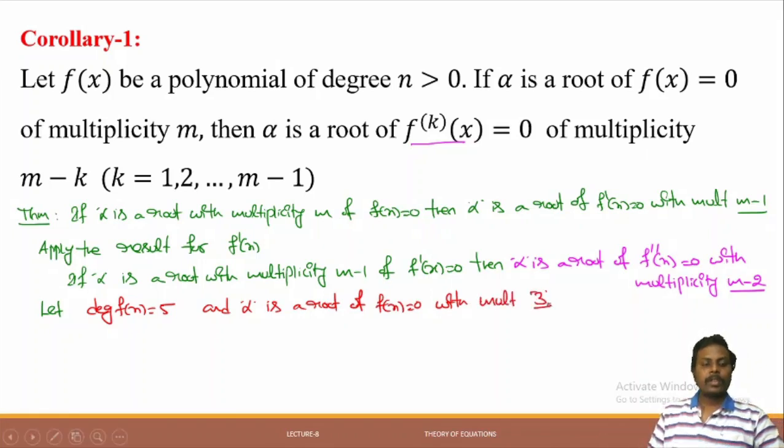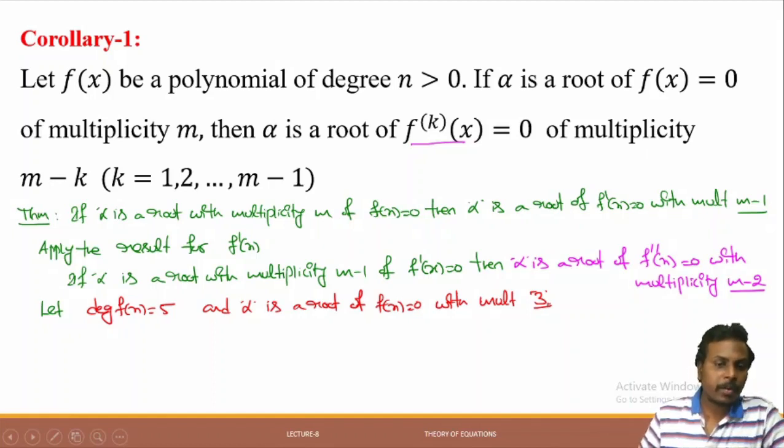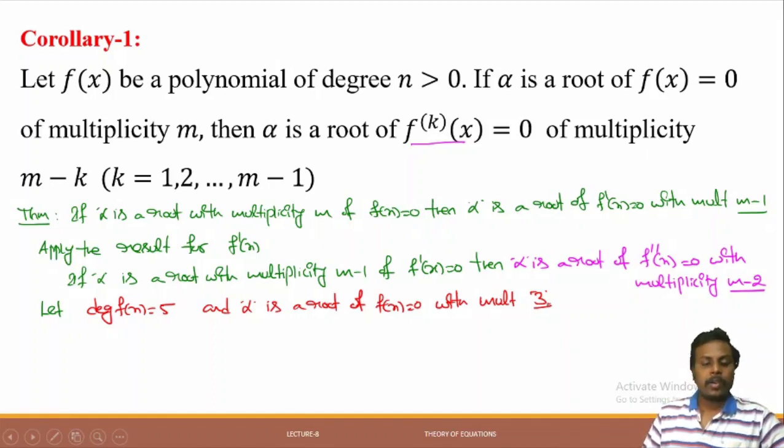That means you are given a fifth degree polynomial and some information, that there is a root of f of x equal to 0 with multiplicity 3. Now our aim is to find alpha. So how do we find alpha?